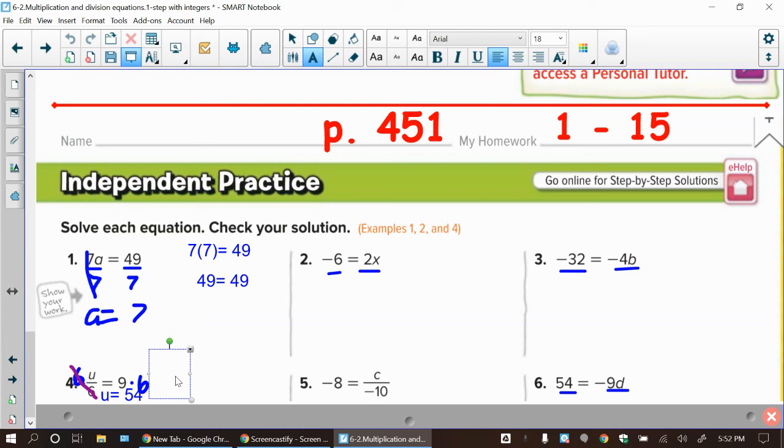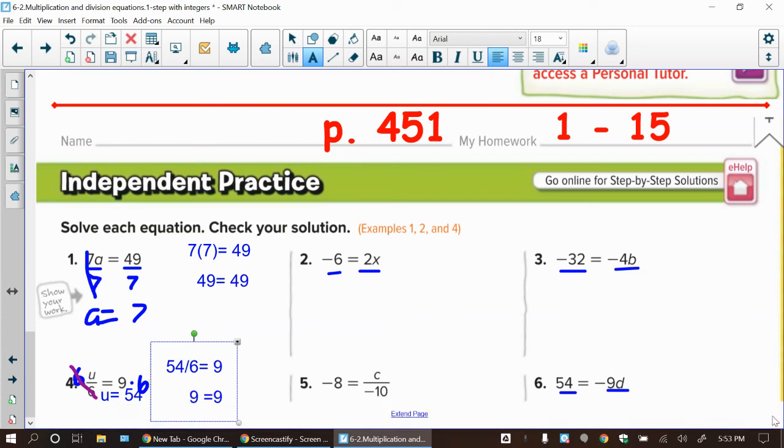I gave my solution, and now I'm going to check my work. Is 54 divided by 6 equal to 9? In this case, yes, it is. We get 9 equals 9. Okay? Try to keep your work as organized as you possibly can.